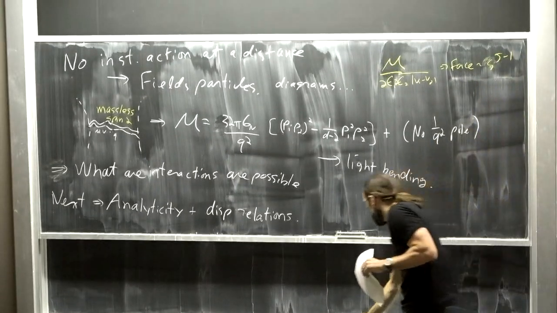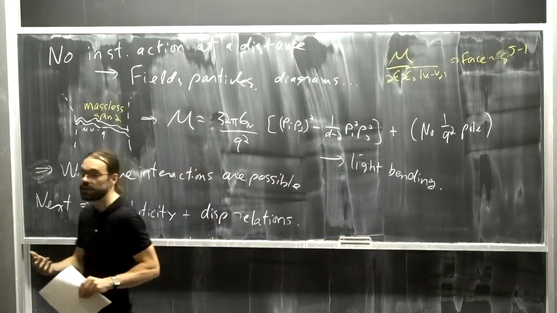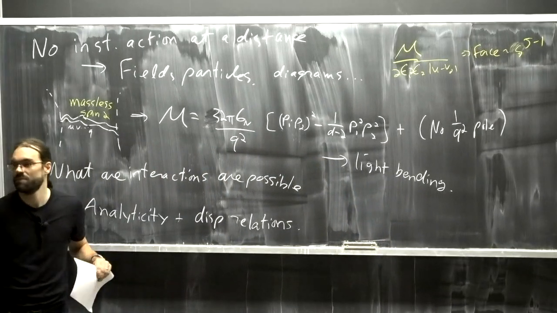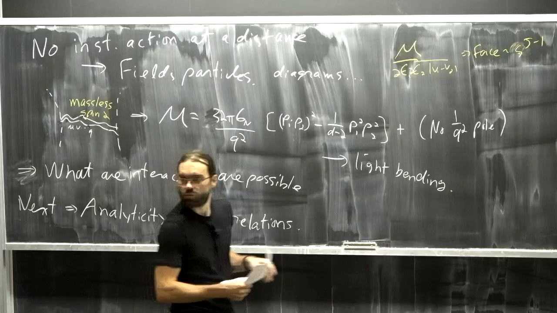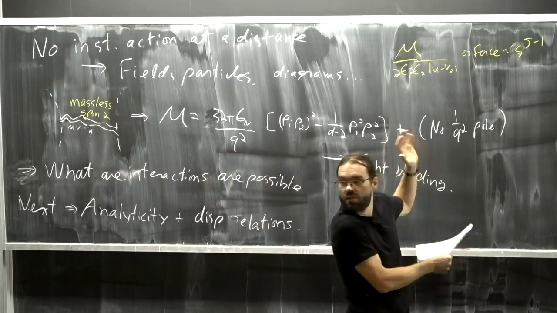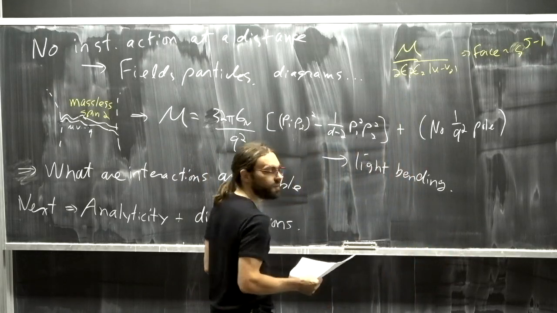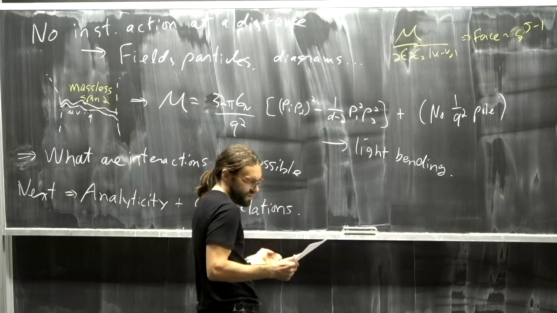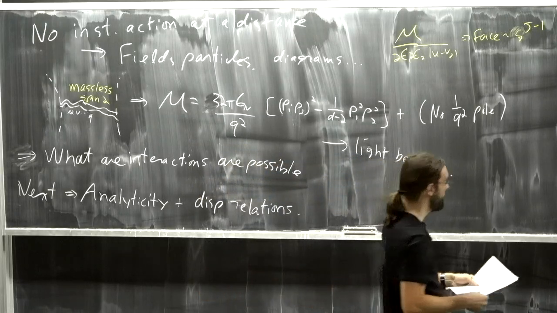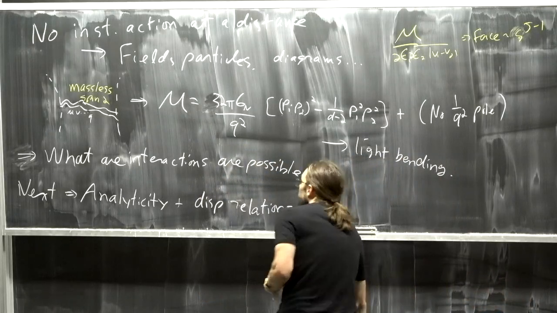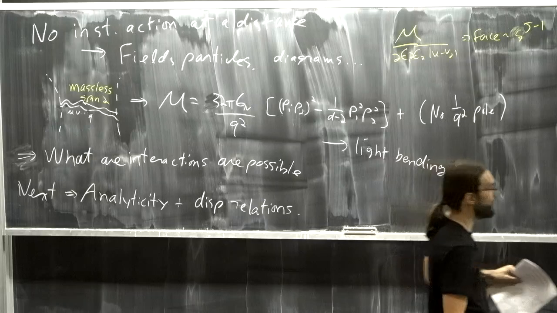And so this is a statement that gravity couples to energy. The force is linear in s. Okay? So that's why it might make sense that for gravity you have spin 2.